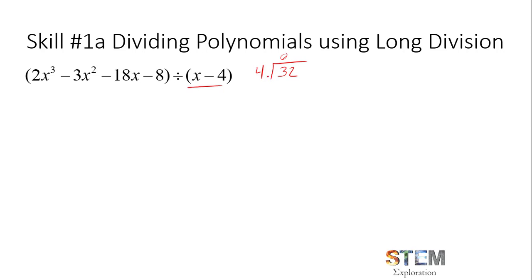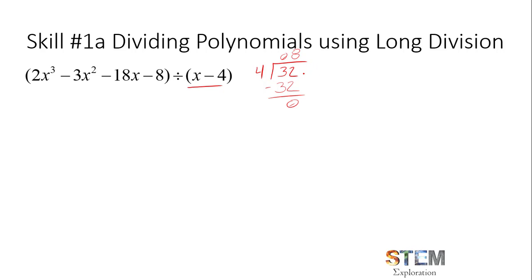And how many times can you pull 4 out of 32? Well, we can say 8 times 4 is equal to 32. We try to match up that number, and usually when we did short division, we're just trying to match the number. We take the opposite of it, and then if you have a remainder of 0, you know that 32 divided by 4 is equal to 8.